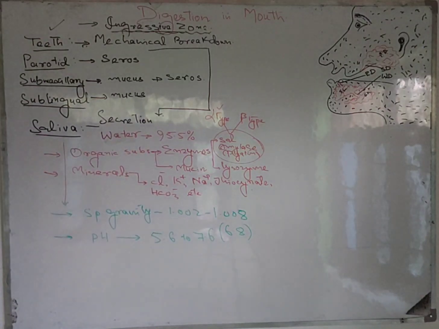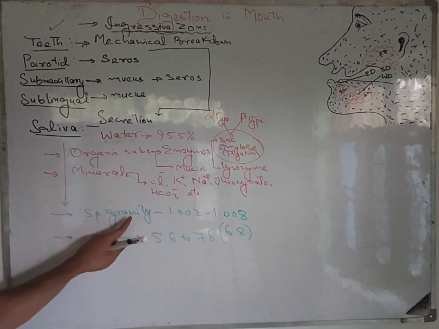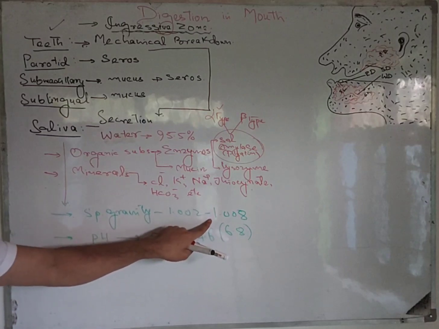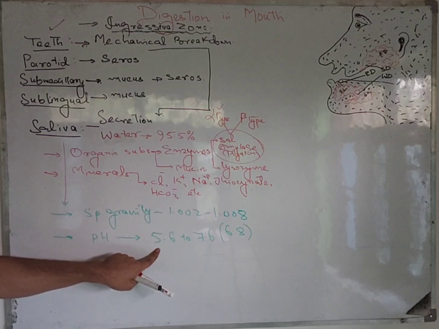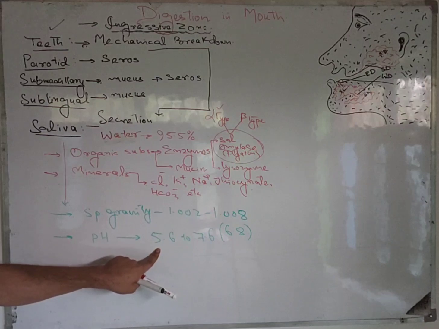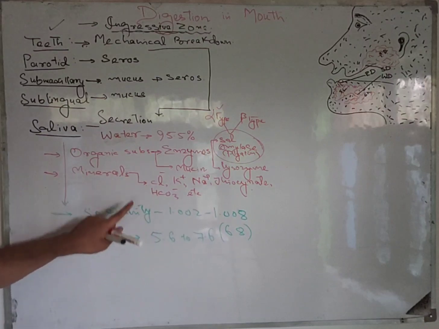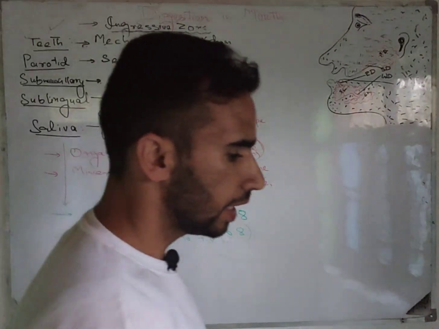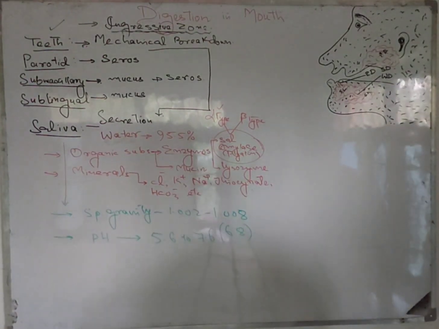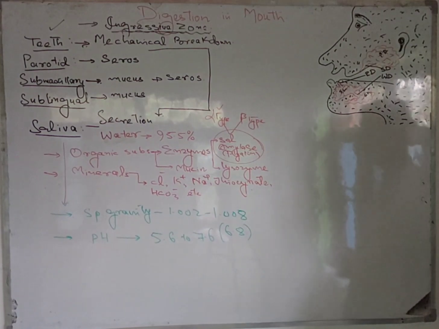Isn't it? Please remember these two things: specific gravity of 1.002 to 1.008 and pH ranging from 5.6 to 7.6 with an average of 6.8. These are the points which are related with the secretion of our salivary glands, isn't it?